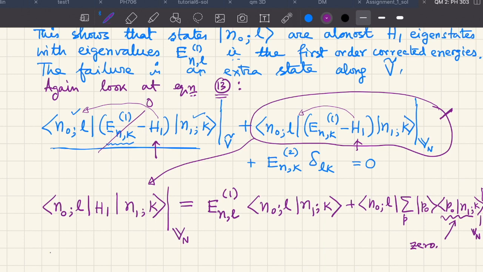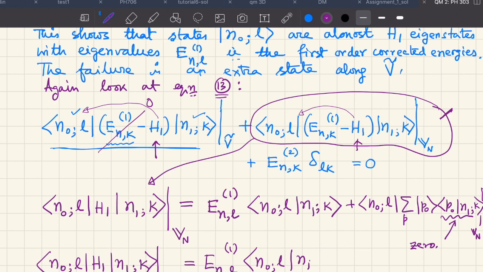So we can safely write that ⟨n0L|H1|n1K⟩, this along the Vn, the degenerate subspace, should be E_{n,L}^1 ⟨n0L|n1K⟩ in Vn. Of course, everything here is in Vn, that we have to keep in mind.